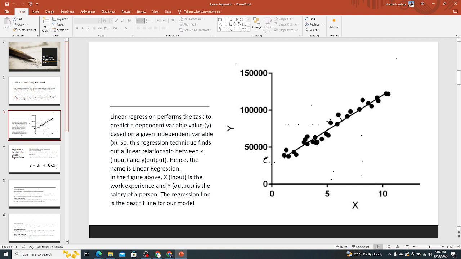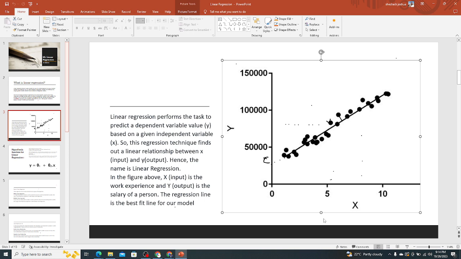Okay, so in the figure above, or in this figure, you can see X input is work experience. If we take the example I have given you, that is coming up with a model that will predict maybe the amount of salary given work experience.